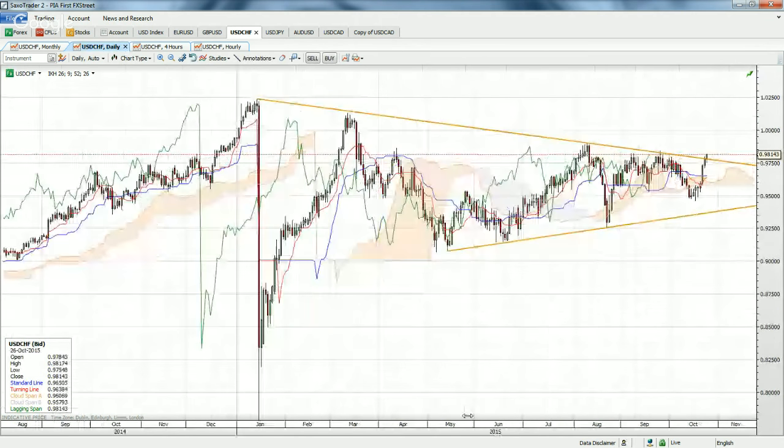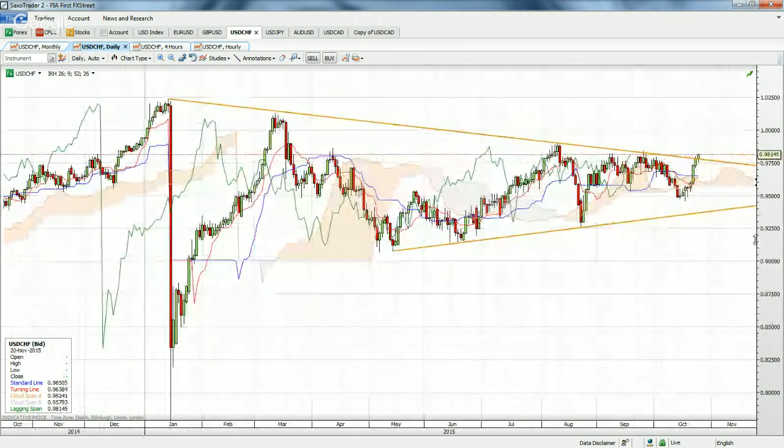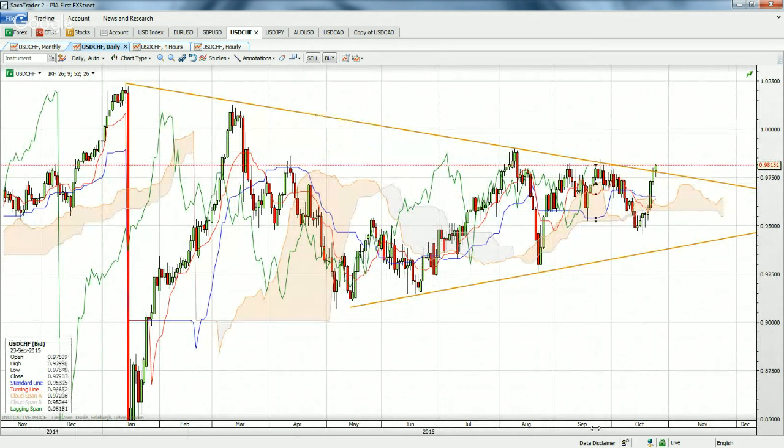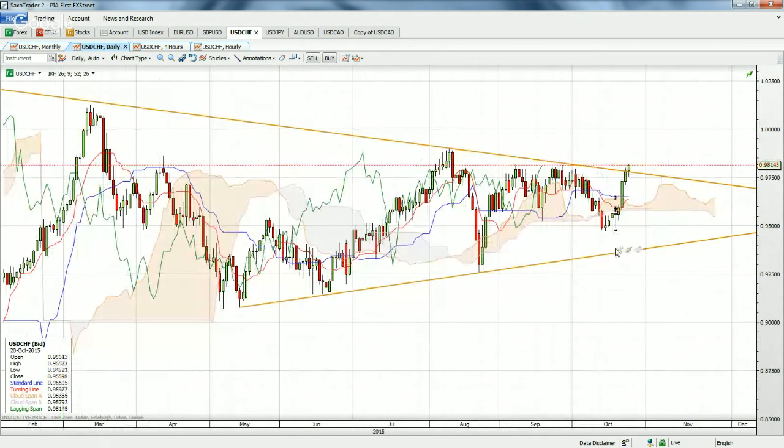We have moved to the upside today. We have broken out of this triangle formation to the upside. The medium-term bias is bullish. We had an outside bar here again at the low, which sent this currency pair pretty aggressively higher.